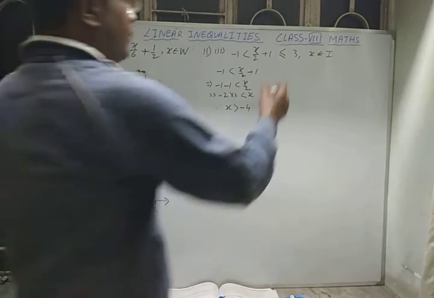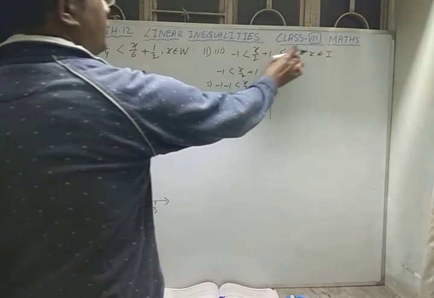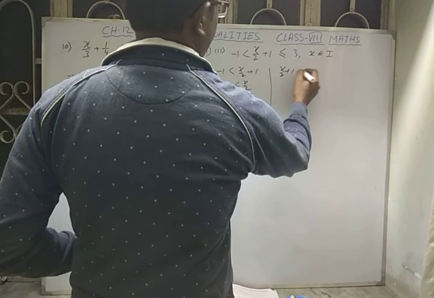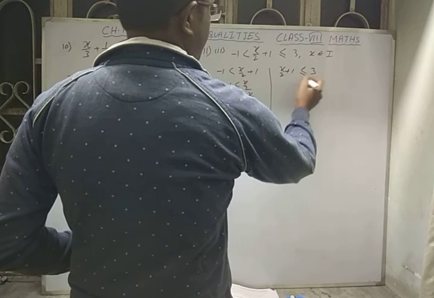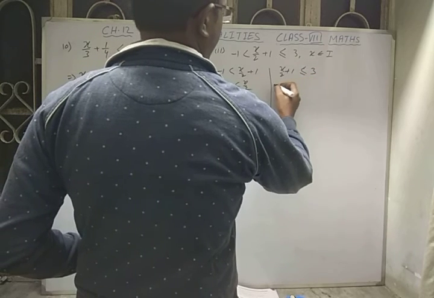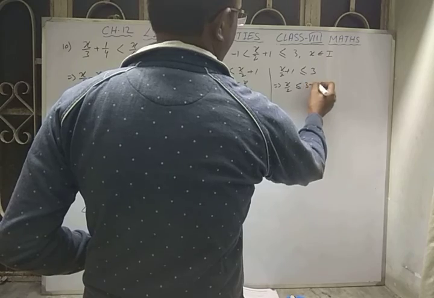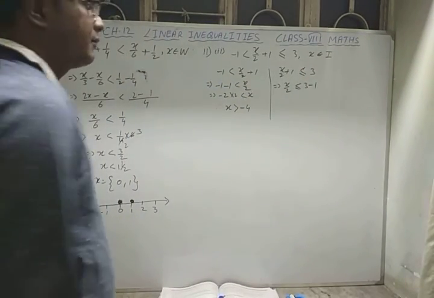Okay. Now we have to do the second part of the inequality. Take the middle term to the right hand side. x by 2 plus 1 less than or equal to 3. So again take this 1 to my right hand side. So x by 2 is 3 minus 1. When it goes to the right hand side, it will become -1.